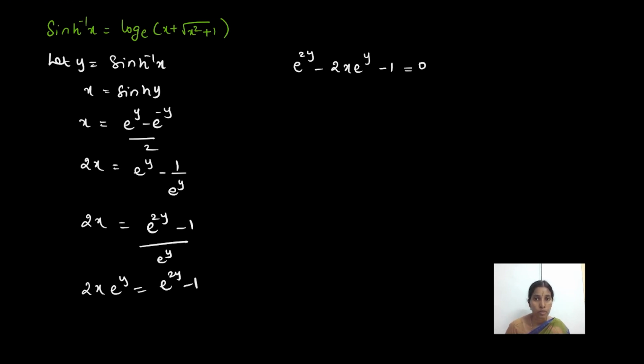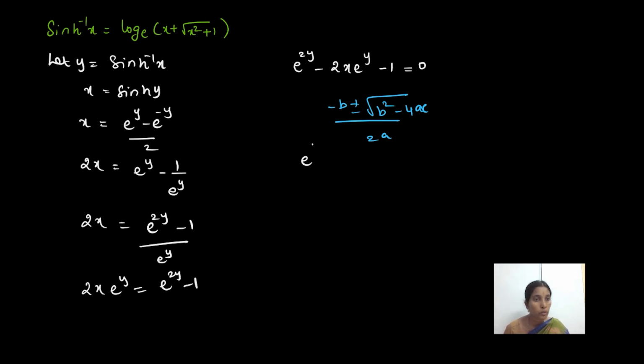You have to use this quadratic equation and find out the value for y. This is in the form of a quadratic equation, so you have to use the formula for the quadratic equation: minus b plus or minus root of b square minus 4ac, by 2a. Here you have to substitute in the equation.